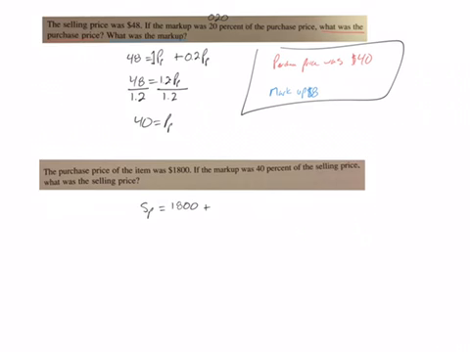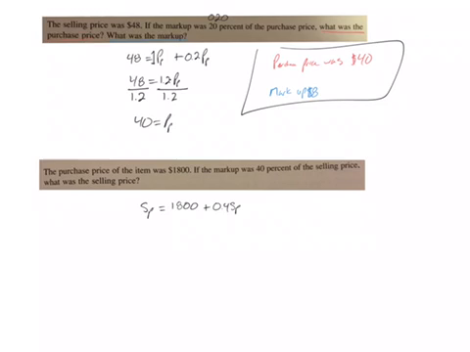Now, real quick, notice it says if the markup was 40% of the selling price, not 40% of the purchase price, but 40% of the selling price, that means I could write that as 0.4 of the selling price.